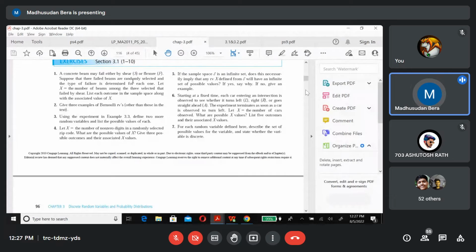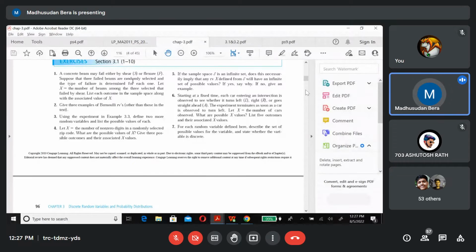Now X is the number of beams among the three selected failed beams that failed by shear, so the number of S. List each outcome in the sample space along with the associated X value.